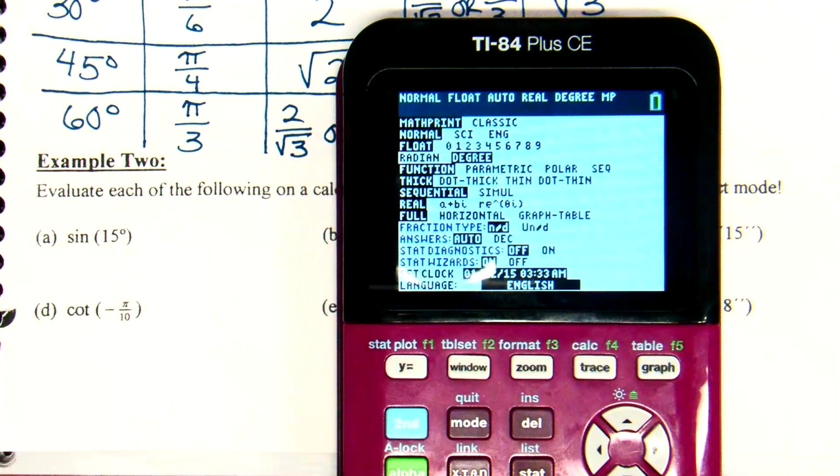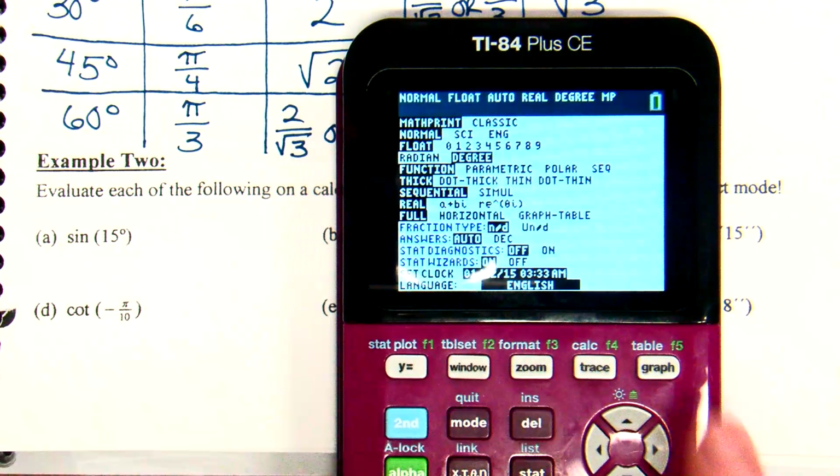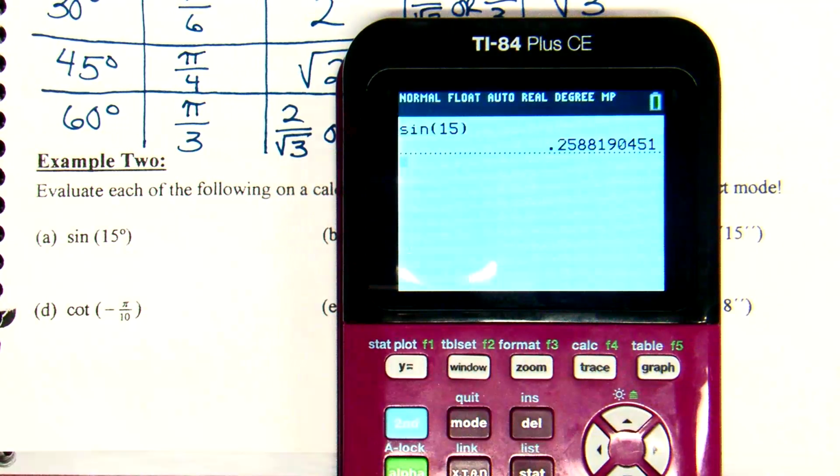Then go back and try sine of 15 degrees again and see if you get my answer. If you know how to use your calculator correctly, this is why I needed everyone to have their calculators with them today. Because this is the trickiest part of today's homework. Switching your calculator back and forth between modes.